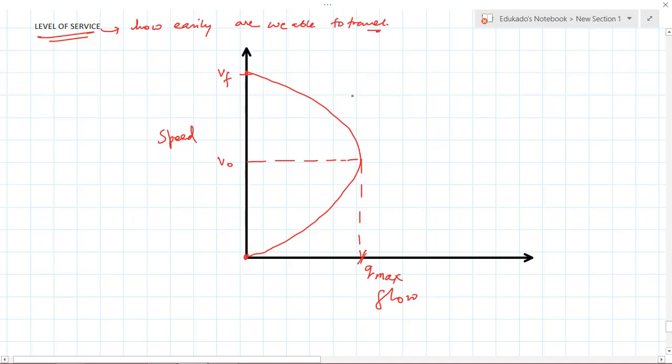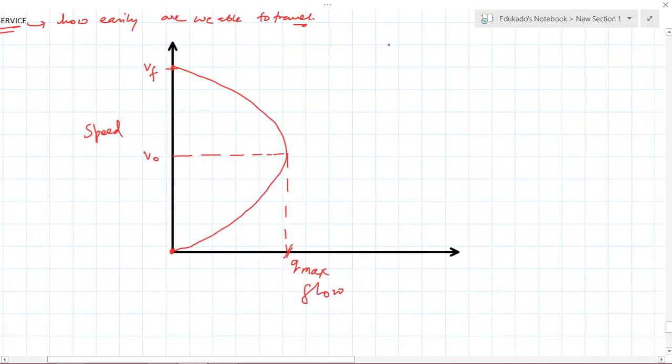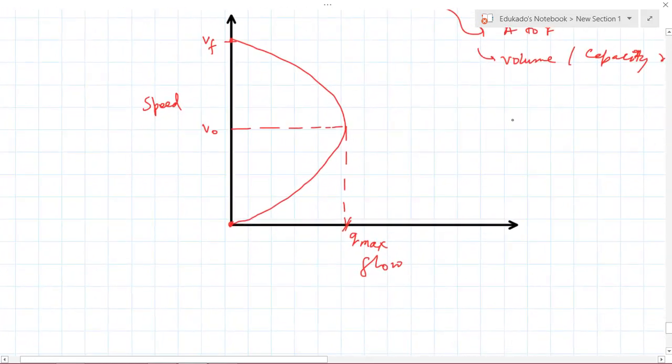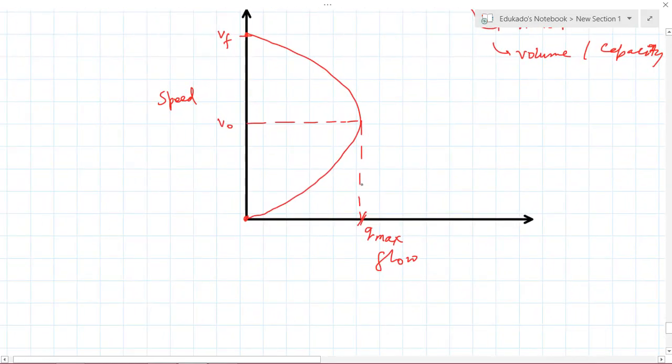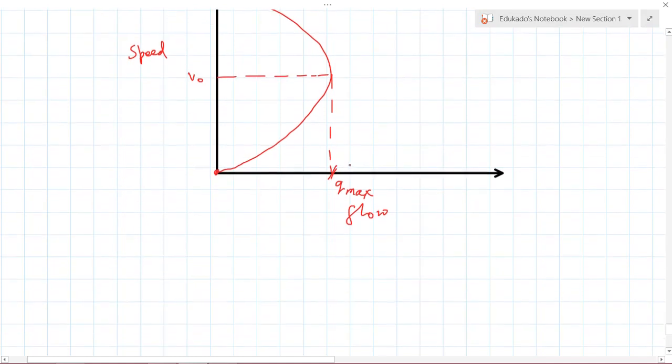It is determined by this, okay, and this ranges from A to F. Alright, and this is according to the Highway Capacity Manual, so you can't debate about it. It is based on the volume capacity ratio. Alright, and can be represented using this speed flow graph.